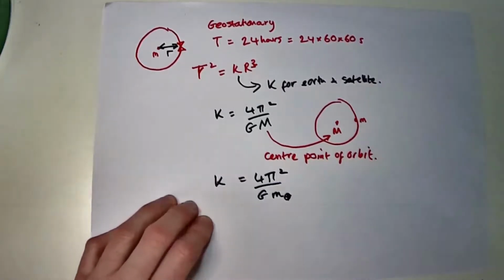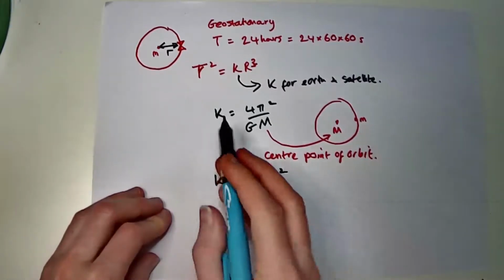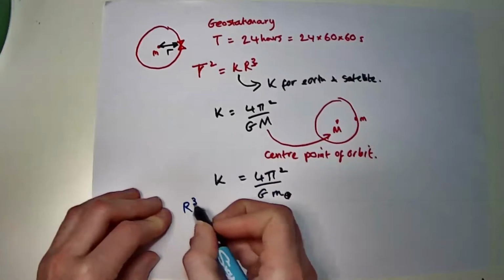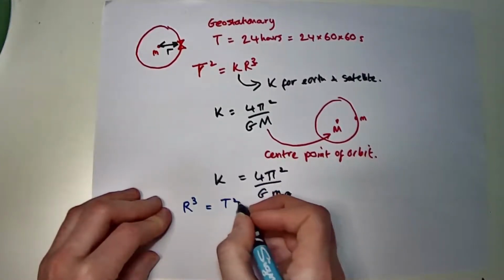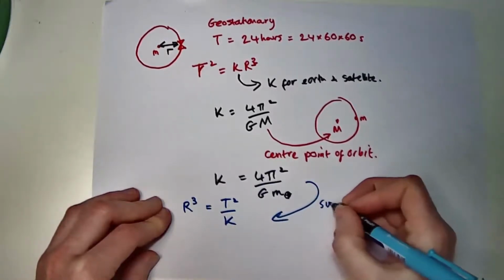So I'm going to substitute those back together. And we want to find the radius, so let's rearrange first. So r cubed is equal to T squared over k, and then put k in.